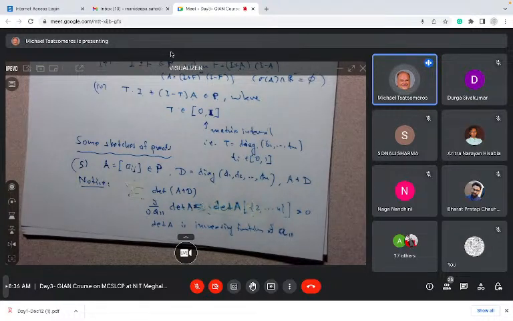All right, now I want to consider the determinant of A plus D. Think of it as, first of all, adding D1 to the entry A11.